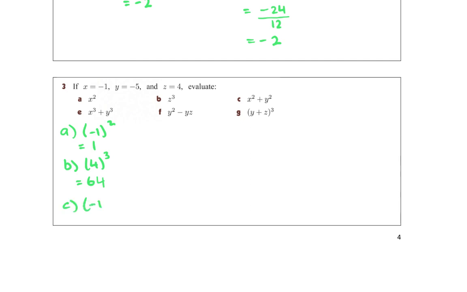Now x squared plus y squared, -1 squared plus -5 squared, 26. -1 cubed plus negative 5 cubed. 1 minus 125, should be minus 1 as well, gives us minus 126.